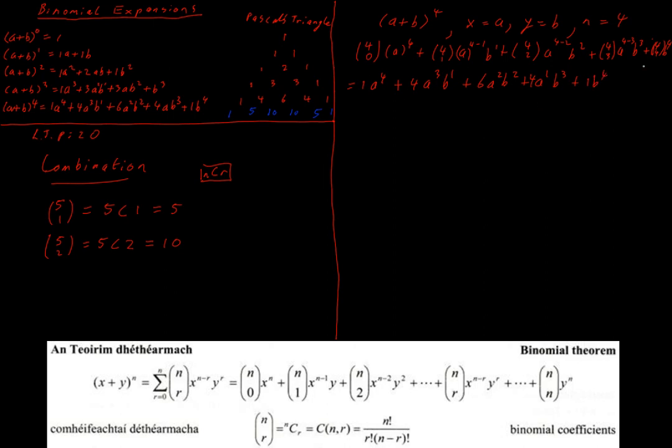So you can see that our binomial theorem, a bit along the bottom, has given us exactly the same answer as if we had multiplied this out the long way.